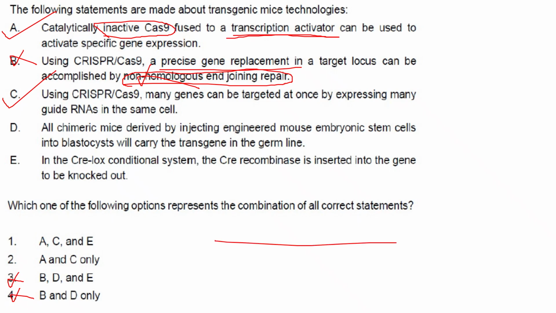So this is your genome and you want to target gene A, which is located here, gene B, which is located here, and gene C, which is located somewhere else, and there are so many other genes.